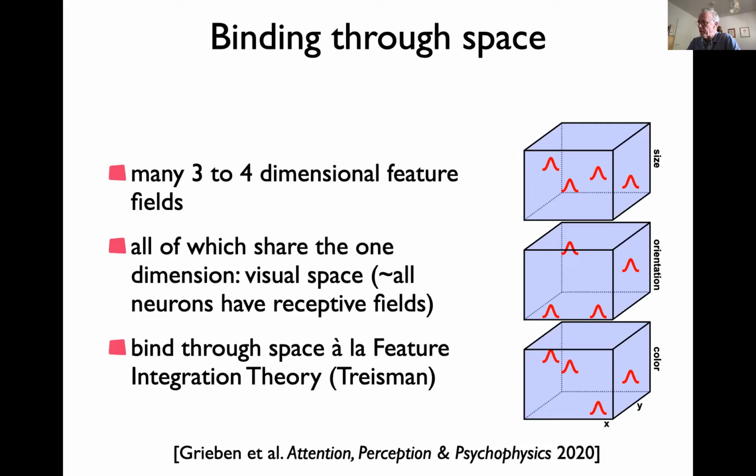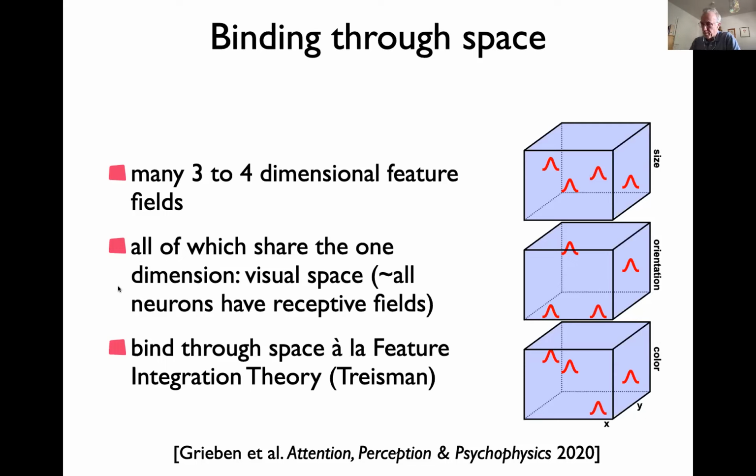And the idea was that you may have separate representations, but they all share a dimension which was proposed to be space. And the idea came from the fact that objects are at a particular location. So if an object is of a certain size, certain orientation, certain color, it's all going to be at the same place. And that is how you know it's about the same object. And these psychophysics experiments that were done were with small little objects that were very localized.